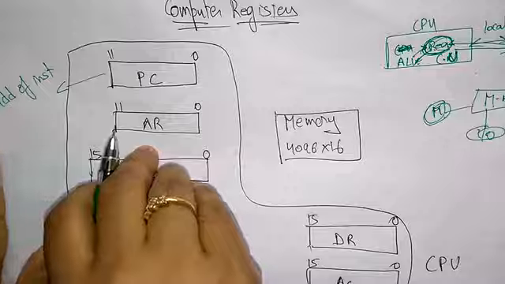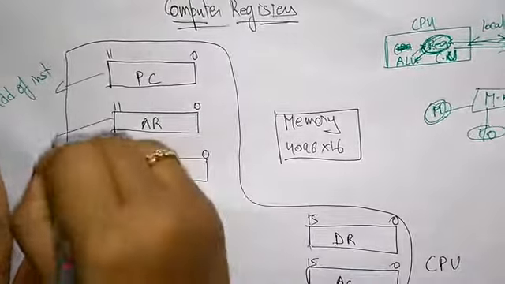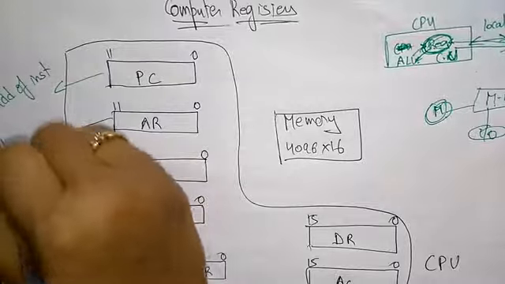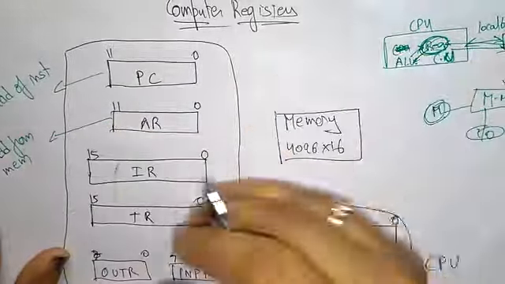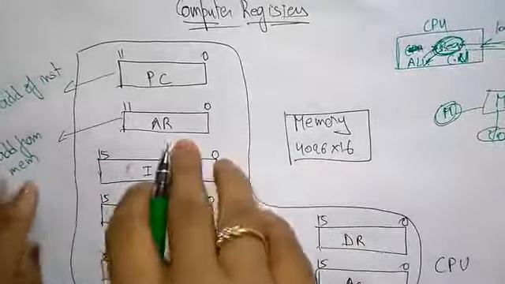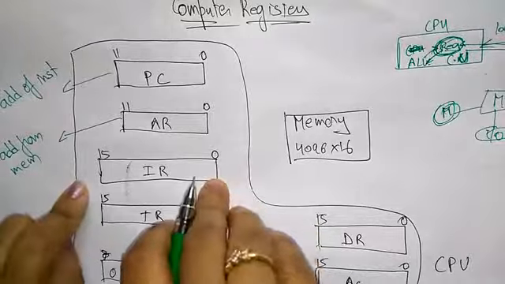Whereas AR, the address register, is also a 12-bit register. It holds an address from memory. Whatever data you are taking from memory, that address from memory will be stored in the address register.